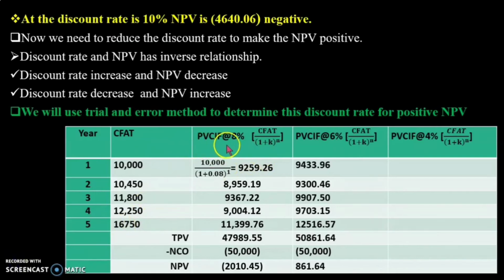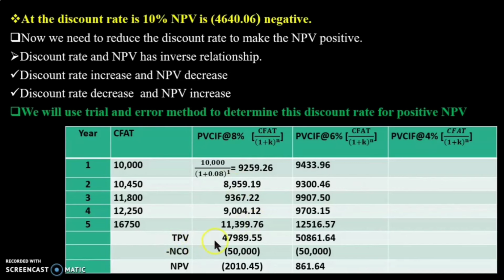Assume that the discount rate is 8%, then first year will be taka 9,259.26 using this formula. And second year, third year, fourth year, fifth year we also find out using this PV factor formula.